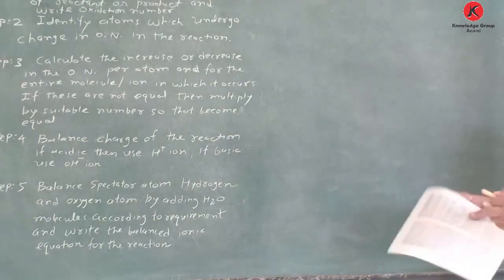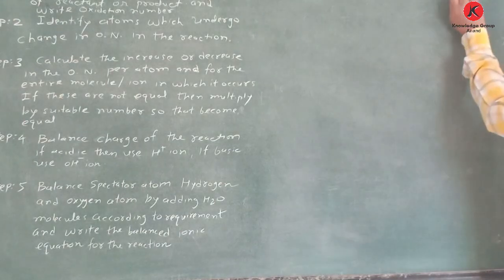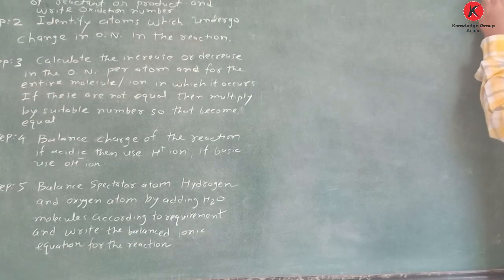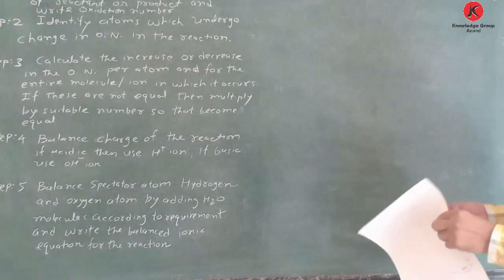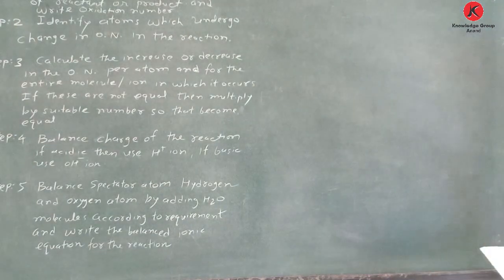So step 1 is, we are going on in a basic medium. Just see, which medium is that? Basic medium. So first of all, we have to write the oxidation number of all the elements.